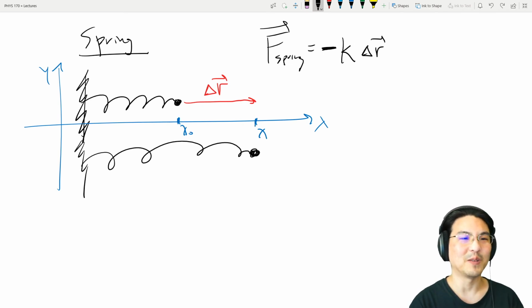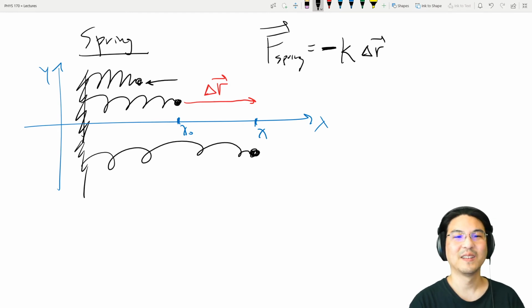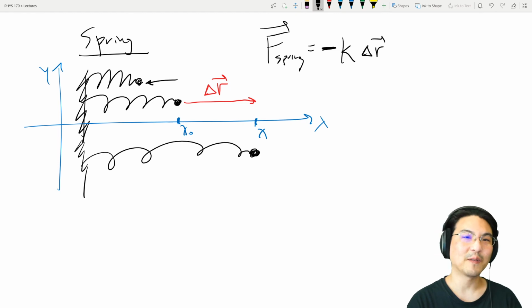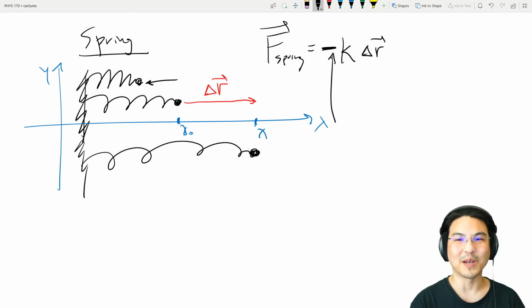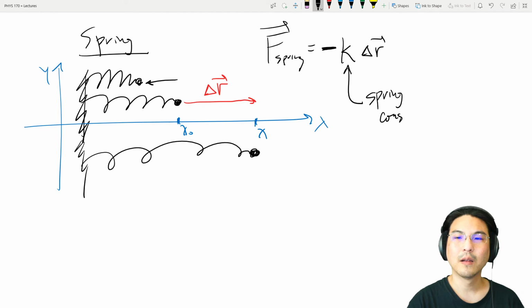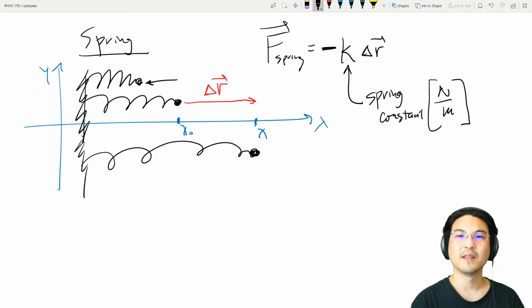If you show up and you smash the spring, and the displacement is toward the left, the spring force would be toward the right. That's why the minus sign. And this constant of proportionality is the spring constant. And if you just look at the units, right, that's newtons, that's meters, so the spring constant is newtons per meter. Okay, so this is called Hooke's law.